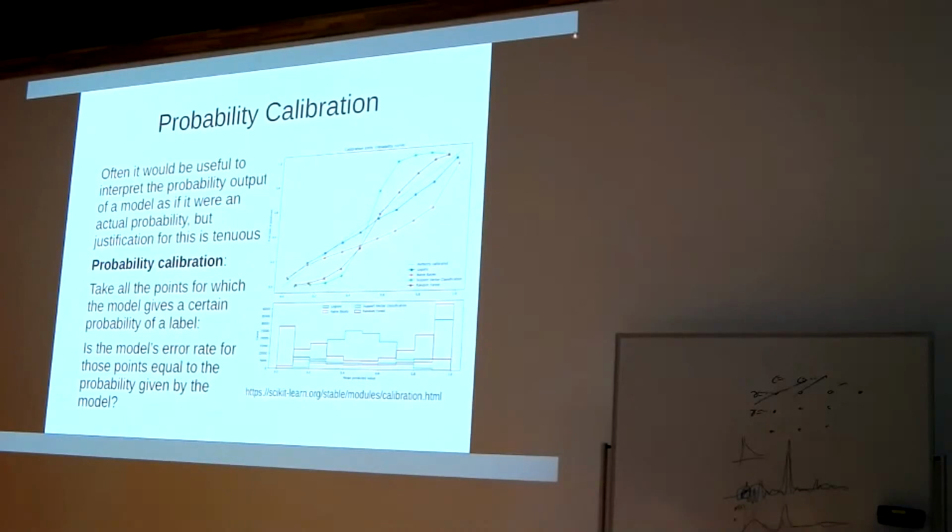Different methods will have different kinds of calibrations. In this case, you can also see that there's a concentration of predictions. You can essentially plot how often each of these is done.